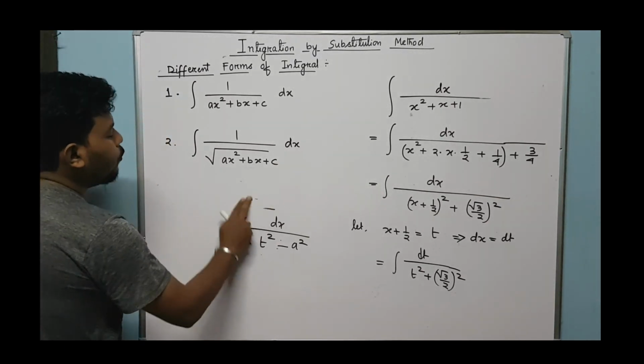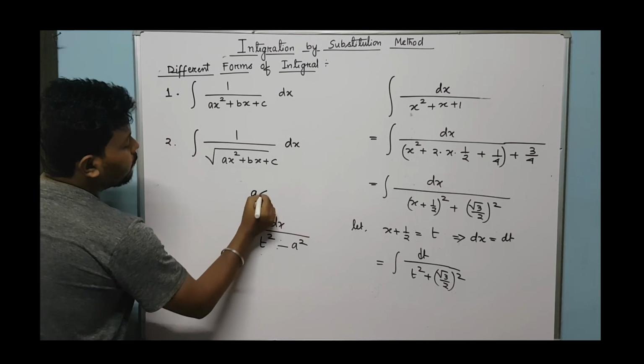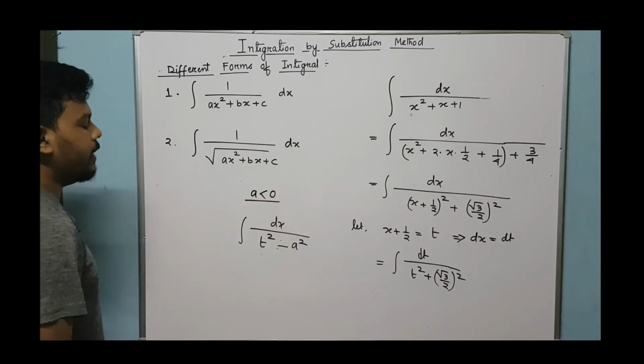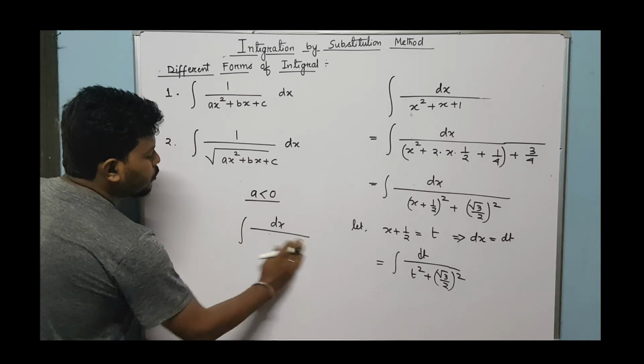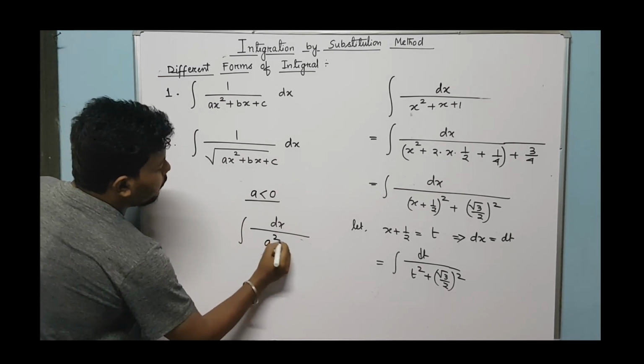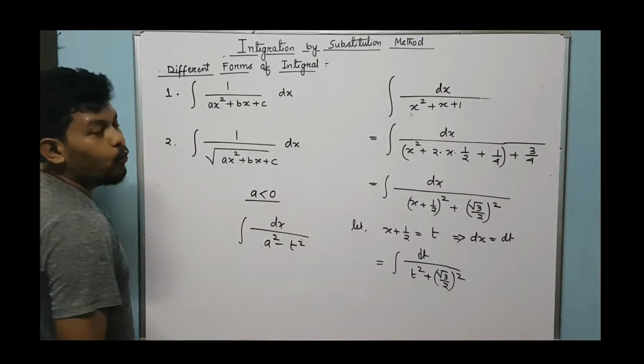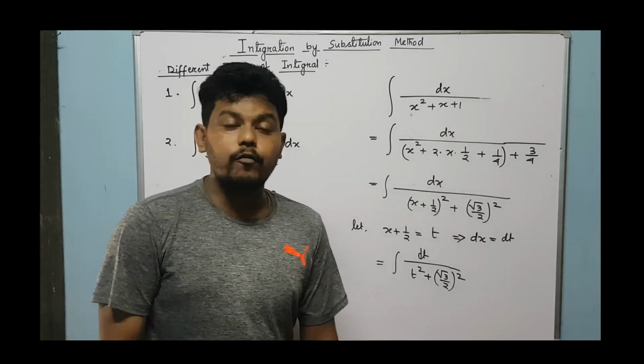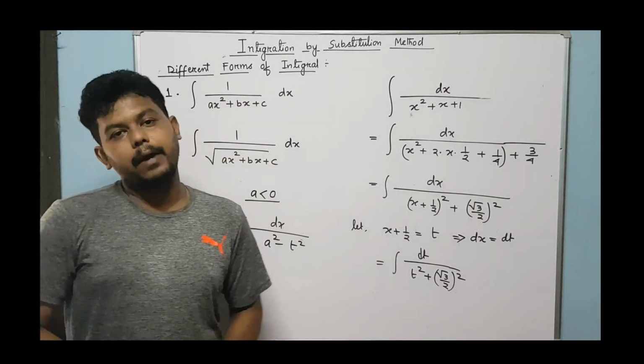And when the value of a is negative, then it gives rise to the form a square minus t square, which is 1 by twice a log of mod of a plus x by a minus x.